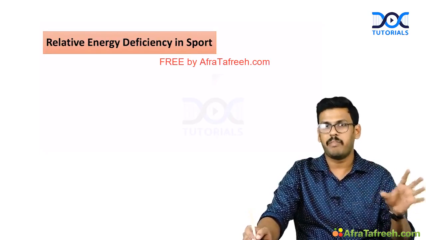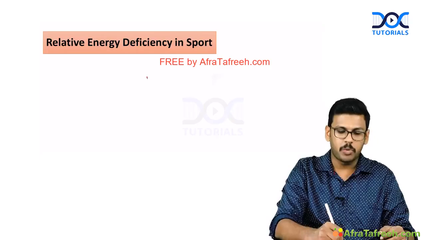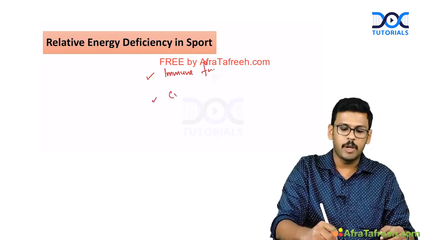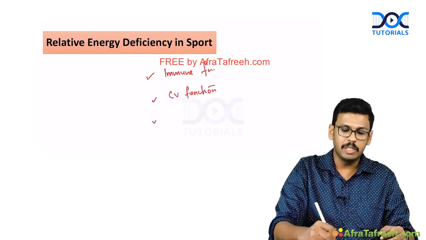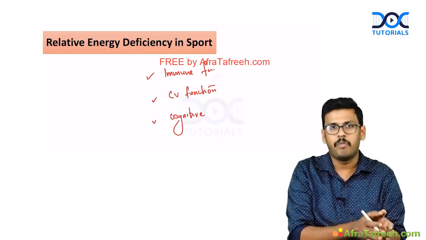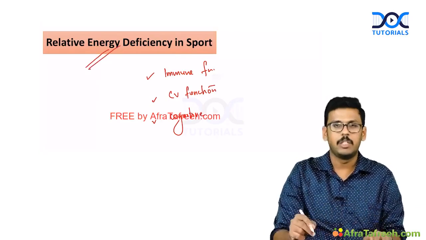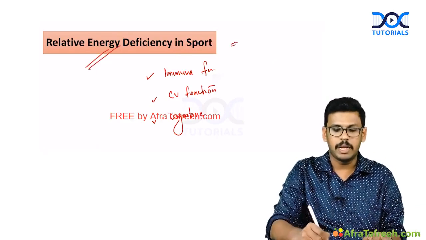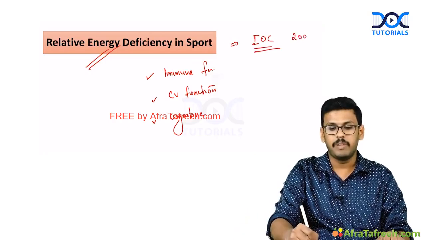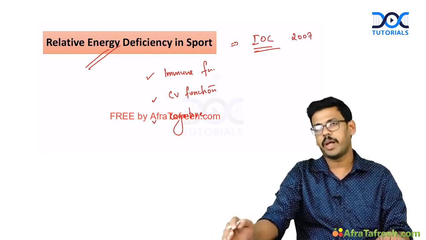Apart from the abnormal bone function and menstrual abnormalities, changes in the immune function, the cardiovascular function, and the cognitive domains. So everything can be affected as a part of the low energy availability, which we call relative energy deficiency in sport. And this was proposed by the International Olympic Committee in 2007. Previously, the American College of Sports Medicine was the one which introduced the term female athlete triad back in 1990.